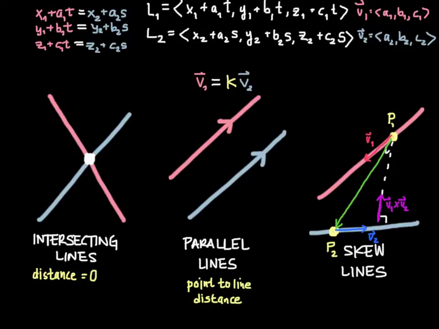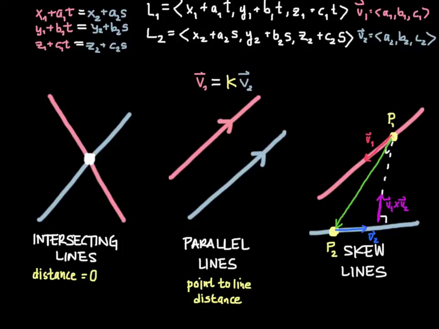Once we cross V1 and V2, we now have a vector that is perpendicular to both lines, meaning it's going to point in the same direction as our desired white dotted path. Then we take this vector, P1 to P2, that is not along the shortest path, and project it onto this vector that is along the shortest path, and it will give us the total distance of this white dotted line.